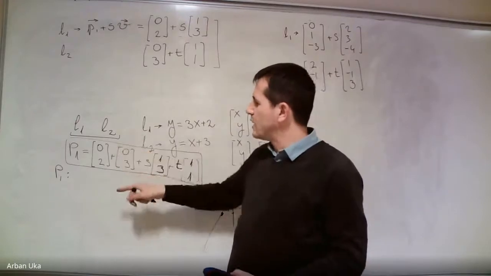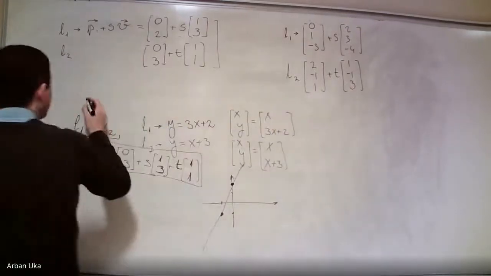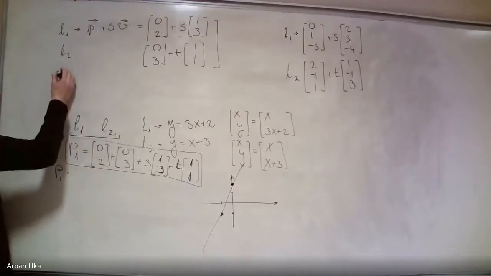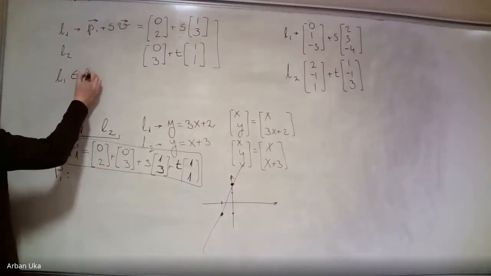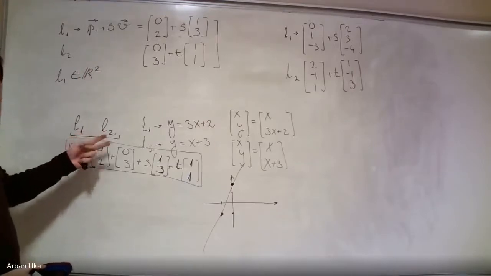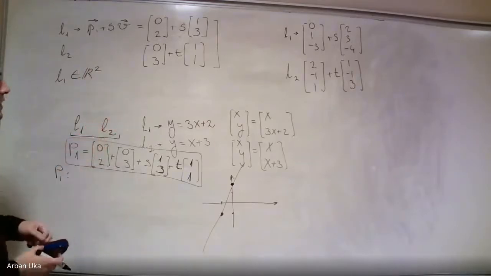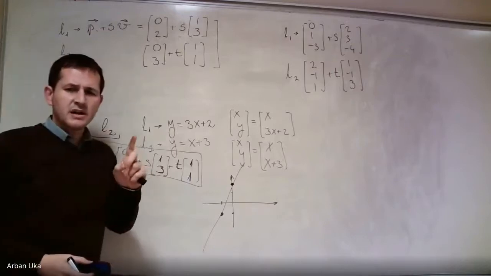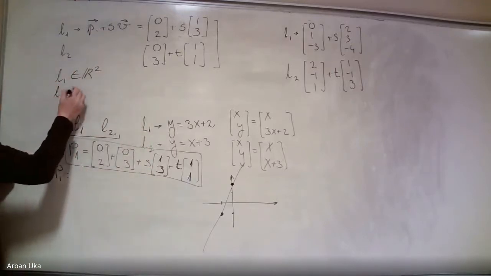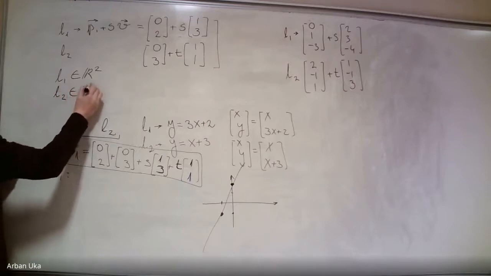First of all, L1 is a subset of what? Looking at this part of the board, L1 is in R squared, right? Why? We have a pair of numbers, so this makes it R2, whereas if it is R, it's only one number. Then we also have L2, which is also in R2.